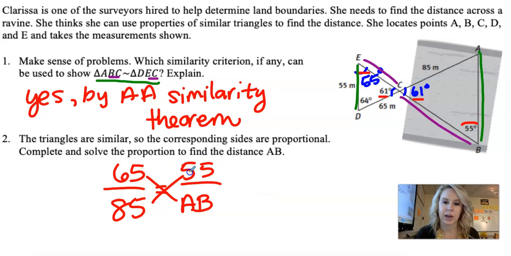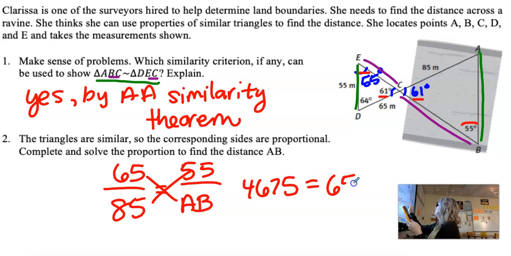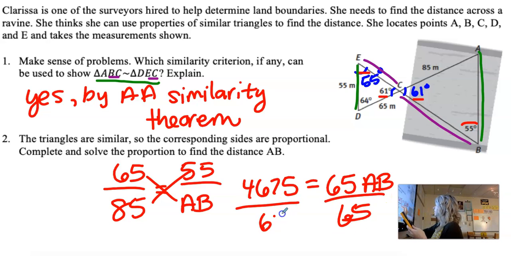Now I can solve for AB. I'm going to cross multiply. So 85 times 55 gets 4,675 equals 65AB. Need to divide by 65 now. So I know AB is somewhere around 71.92.